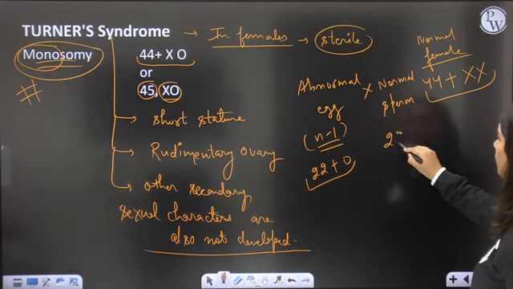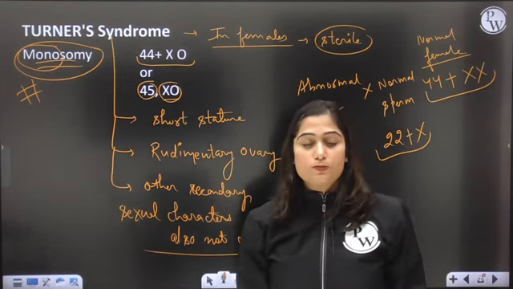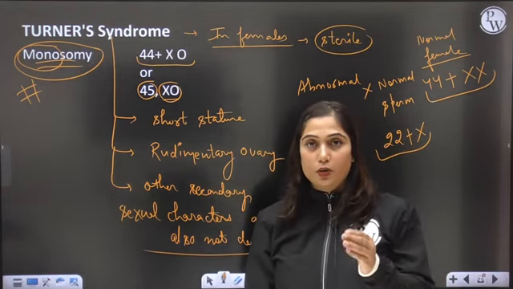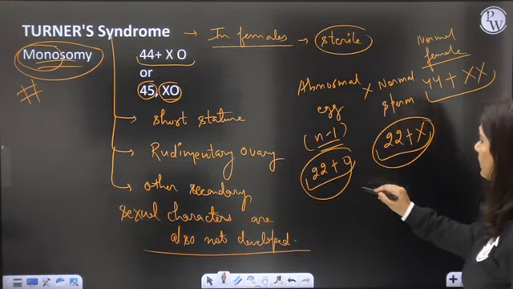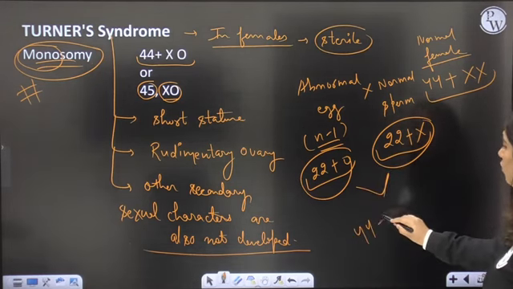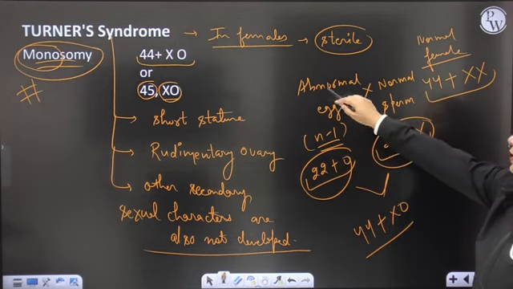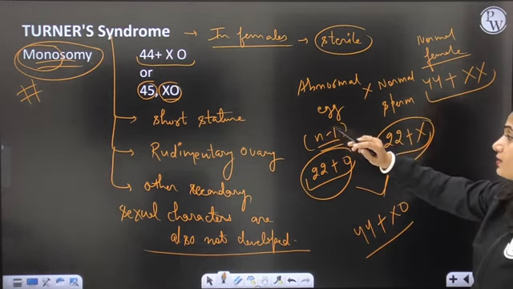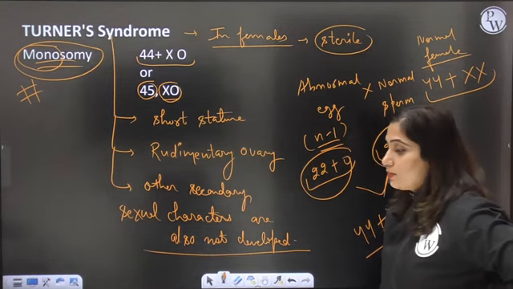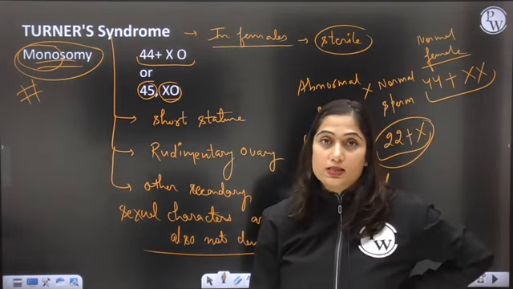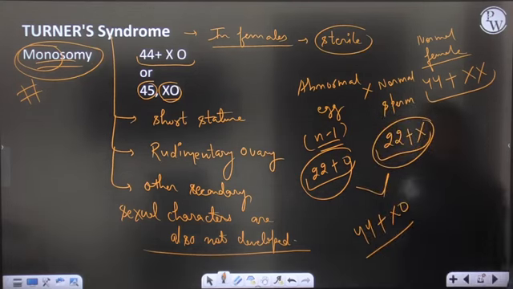And normal sperm would be 22 plus X. Normal sperm can be of two types, 22 plus X and 22 plus Y. So if the normal sperm is 22 plus X and the abnormal egg is this, then the female would be 44 plus XO. Or you can take the opposite case. Normal egg, that is n, and abnormal sperm, that is n minus 1, that means 22 plus O. Okay, so this is Turner's syndrome.